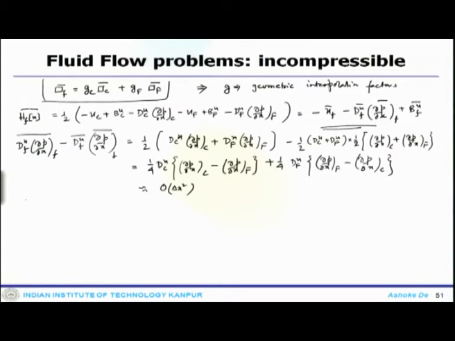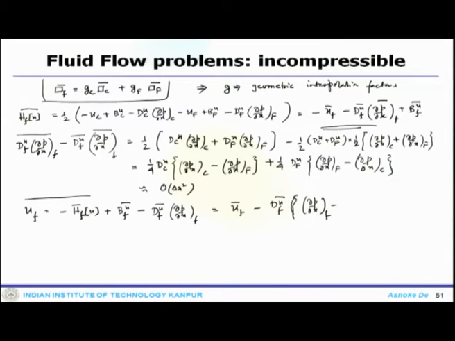So, we can have UF equals to minus HF plus BF minus DFU by del P by del x F, which is UF bar minus del P by del x F minus del P by del x F bar.